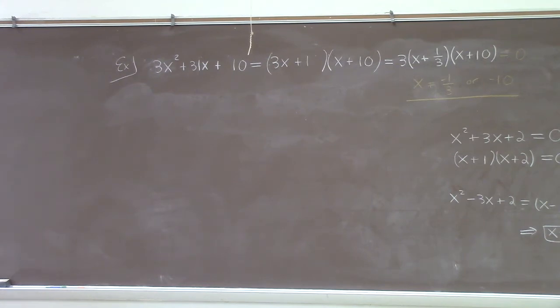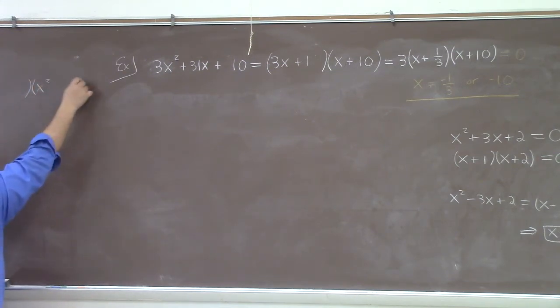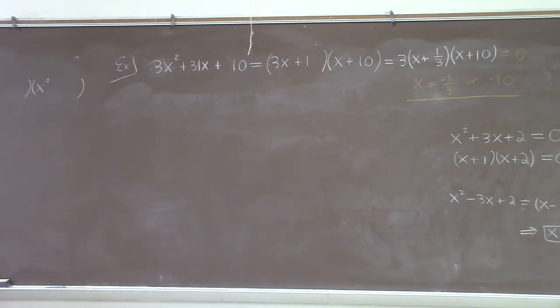So if we had something like x to the 4th plus 3x squared plus 2, we could look at that as x squared playing the role of x, and see if we can factor like that.